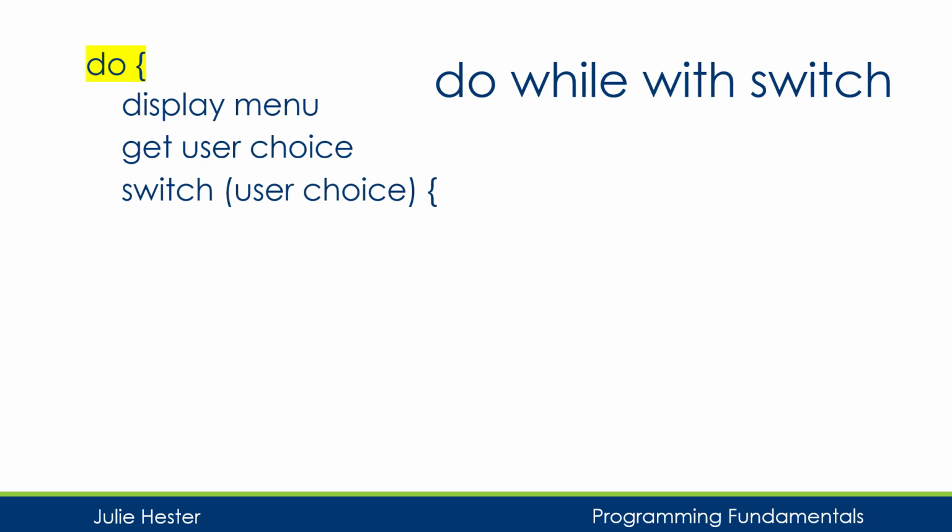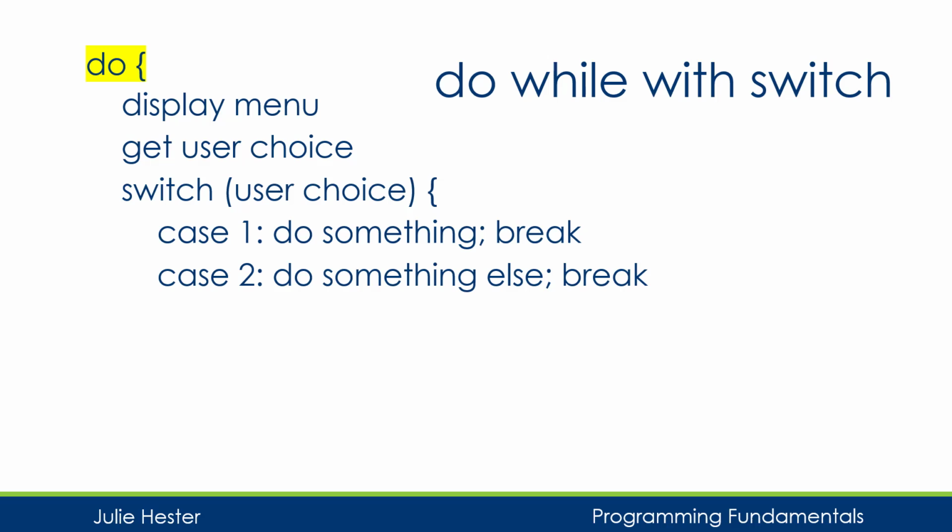To execute the user's choice, I'm going to use a switch statement. And whatever variable holds the user's choice, I'll put in the parentheses. And the body of my switch statement will have a case statement for each of the valid menu options.